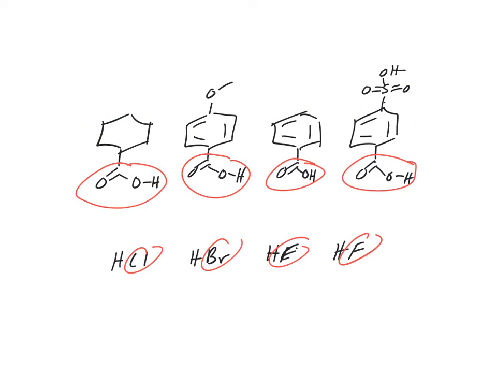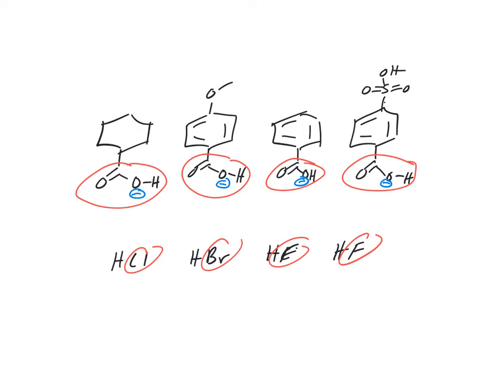So I see that part's all the same. What parts are different here? Well, I'm seeing two things that are different. This one's not an aromatic ring, and all three of these are. I'm also seeing different substituents on these rings. So let's look at what the aromatic ring does. If the carboxylic acid is right next to the ring, it can provide resonance. If I deprotonate this, at the end of the day, we're asking if this has a minus charge, that can be stabilized by resonance.